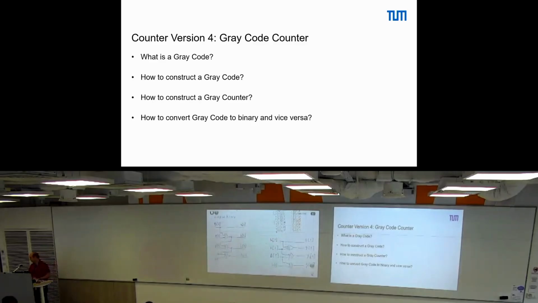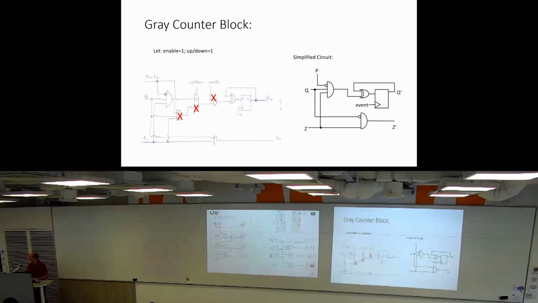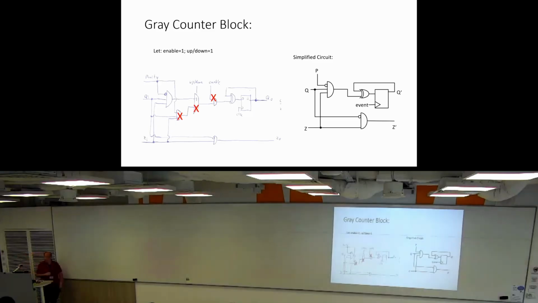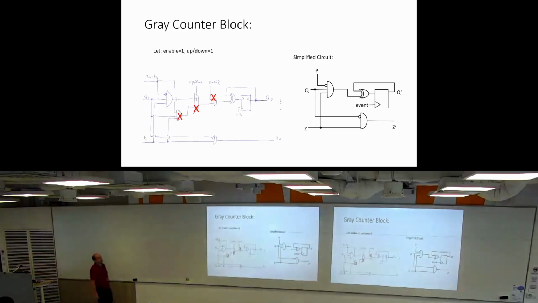Good. Then I have on the slides, I only quickly want to go through this, not in very much detail. I have also a circuitry that implements a gray counter. So you have effectively two ways to implement a gray counter. One is you do some memory stuff, and in the memory you always point to the next memory address, and the memory address is your counter value and points to the next memory address.